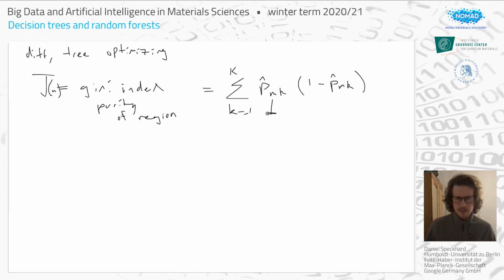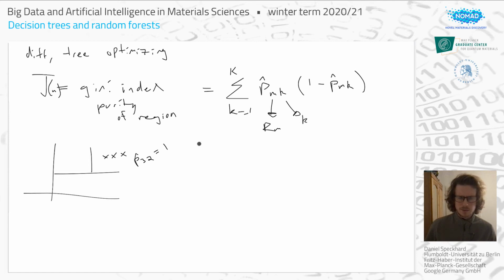Again, this is the estimated probability for region R_M and for a class label K. So this is 0, 1, 2, this is 1, 2, 3. Let's calculate this for an example. Remember our example where we had only insulators over here, and we calculated that this estimated probability for region 3, class label 2, the insulator encoded as an integer, was equal to 1.